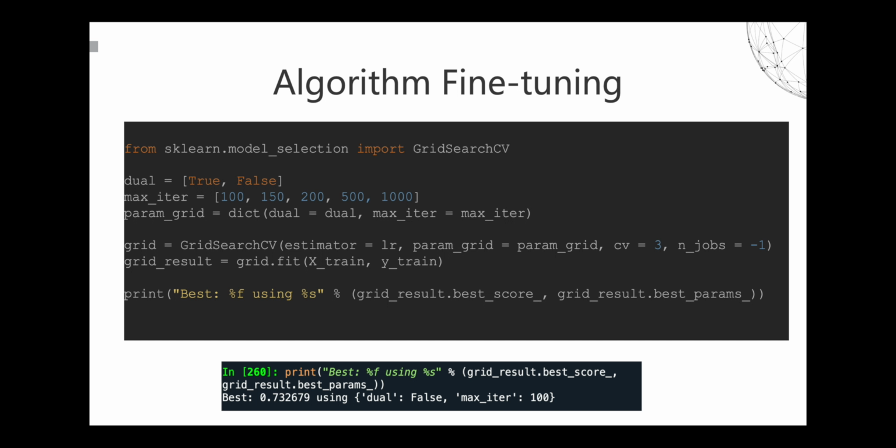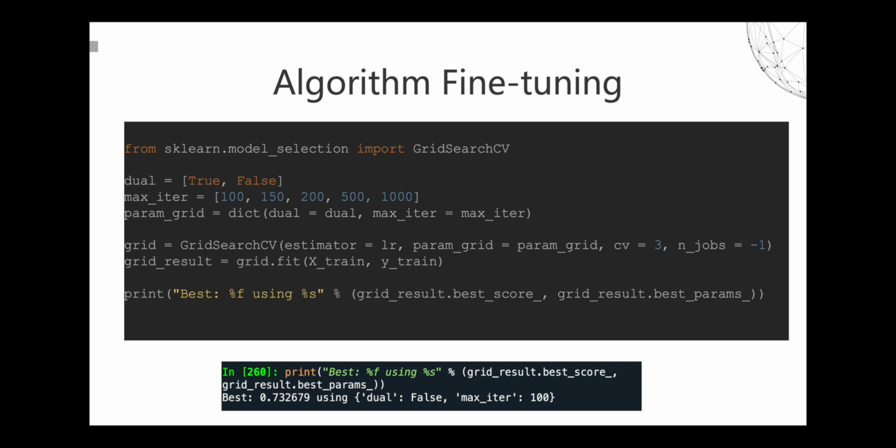The method I use for algorithm fine-tuning is GridSearchCV from sklearn model selection. GridSearchCV searches over specific parameter values for an estimator. I set two parameters for tuning.